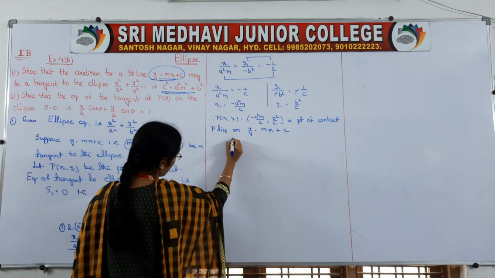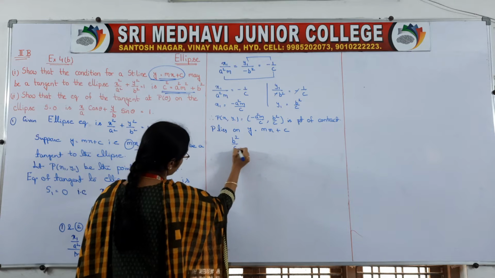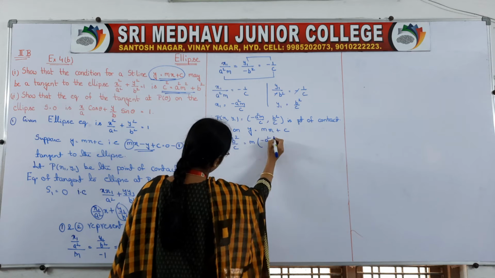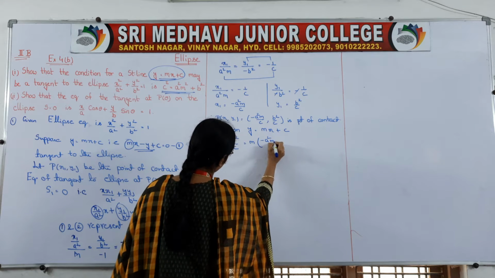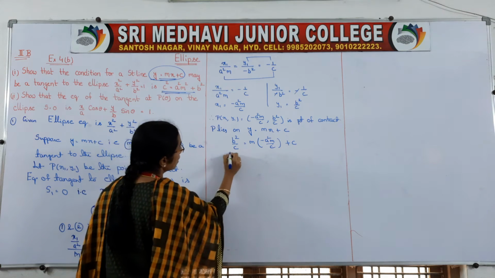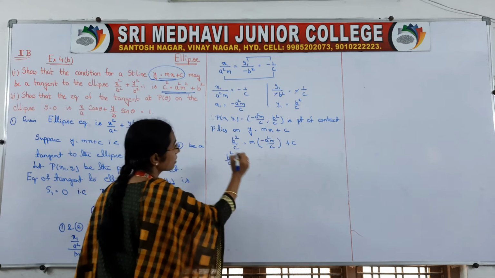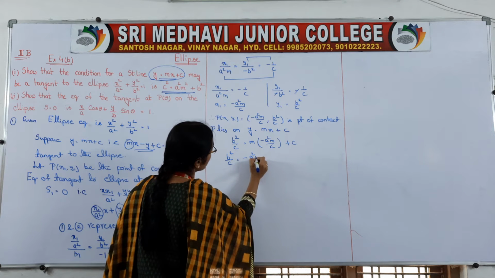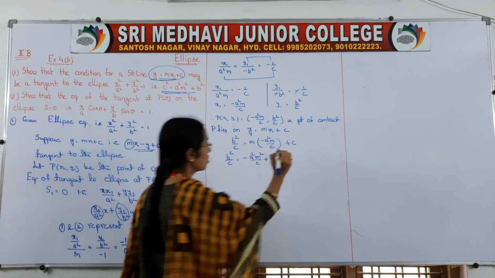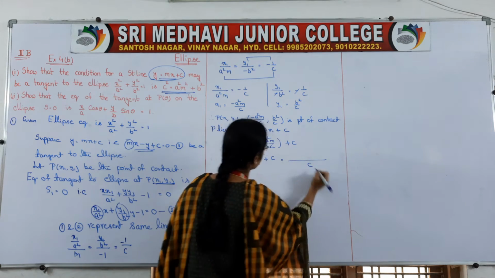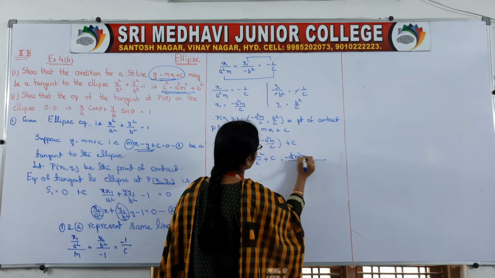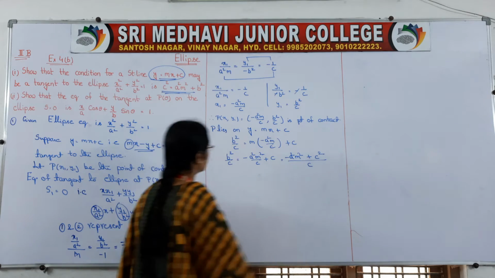So in the y coordinate, b square by c is equal to m into the x coordinate, minus a square m by c, plus c. So it is b square by c is equal to minus a square m square by c plus c. Okay. So c is the LCM: b square is equal to minus a square m square plus c square.